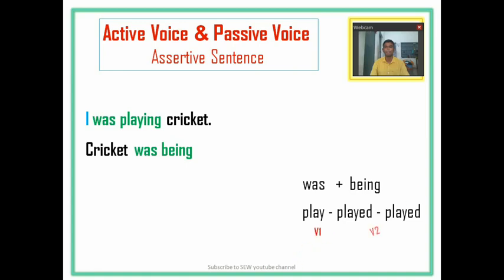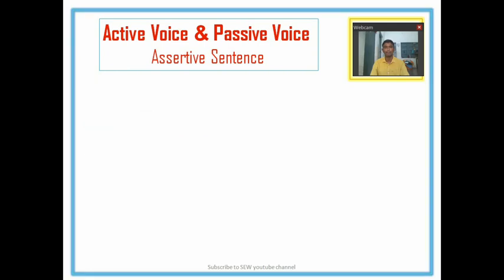Play, played, played. So the V3 form played should be written. After the main verb, the preposition by should be used. And last, the subject is I, and the object pronoun of I is me. So me should be written. So cricket was being played by me is the passive form of I was playing cricket.